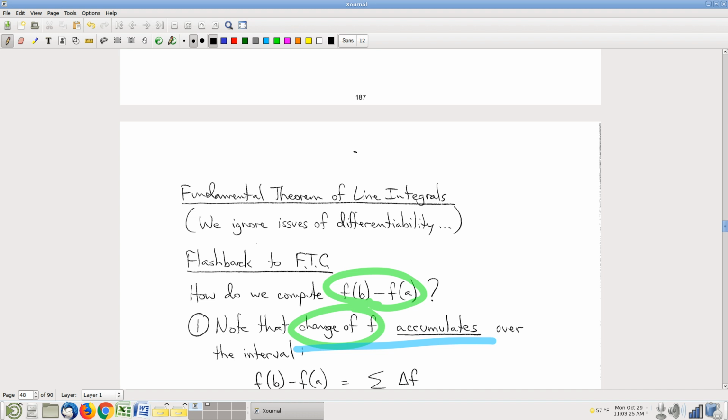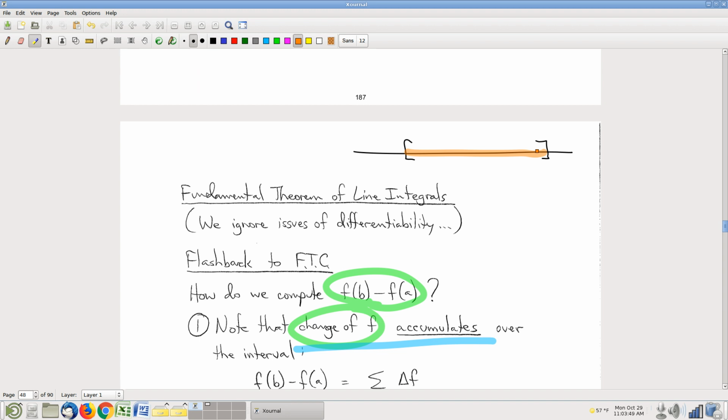Let's suppose you have a metal rod on the x-axis, and again, the density is not constant. You want to compute the total mass inside of there. The total mass that I associate to that interval on the rod.